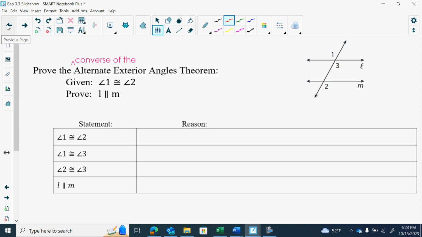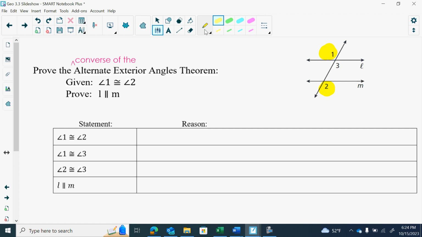All right, so let's prove the converse of the alternate exterior angles theorem. In this case, we're given two alternate exterior angles. Angle 1 is right here, and angle 2 is right here. We are not given that those two lines are parallel. Our job is to prove that those two lines are parallel.